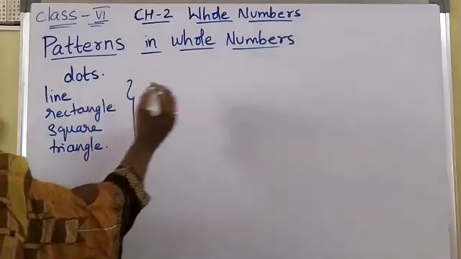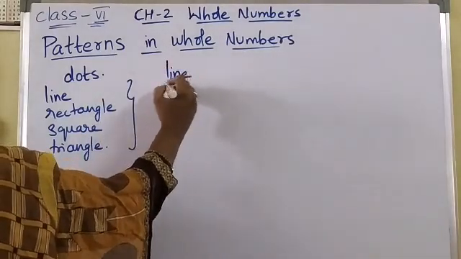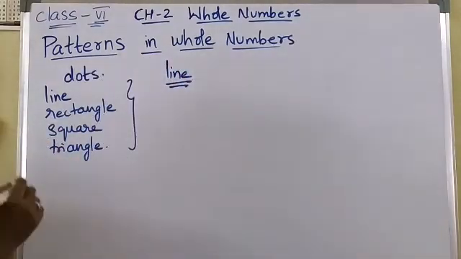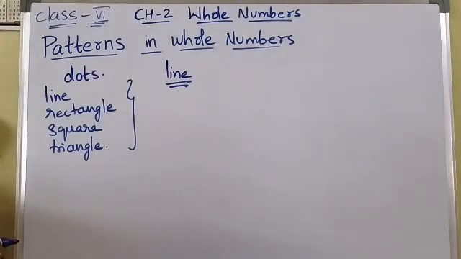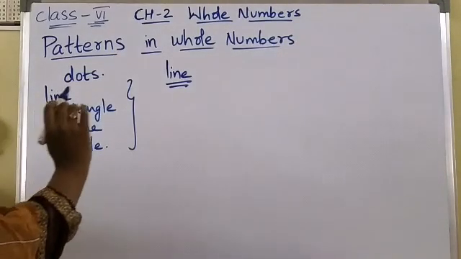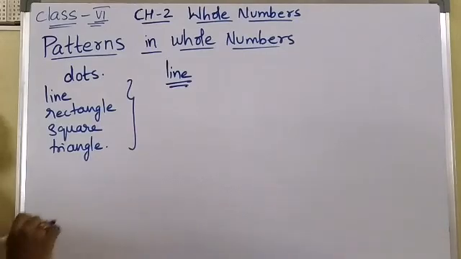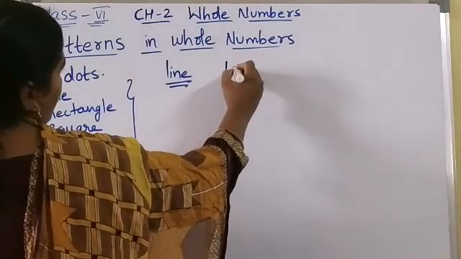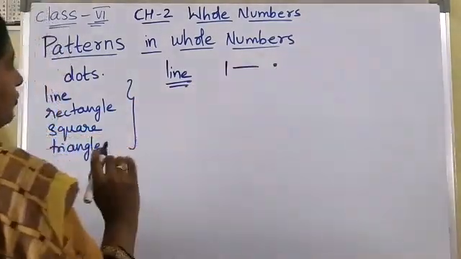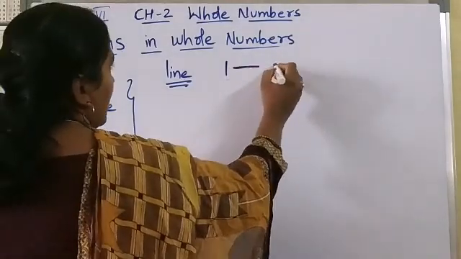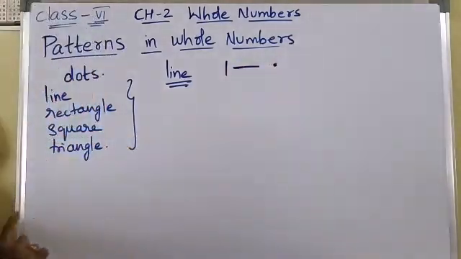Okay, coming to the line, first we will take the line. Every number should be arranged in the form of a line. Here, 1 is just 1 dot, so we will not write any shape for 1. We'll leave it off because 1 has only 1 dot.